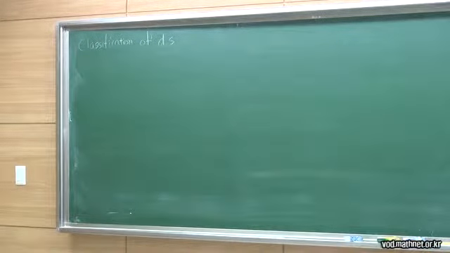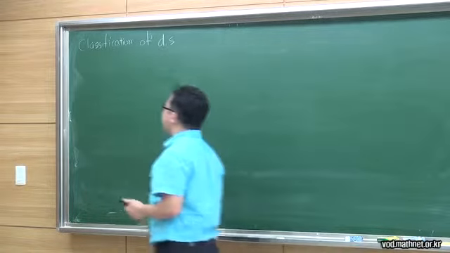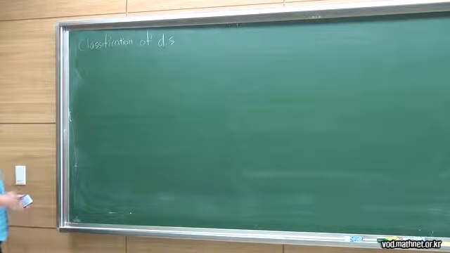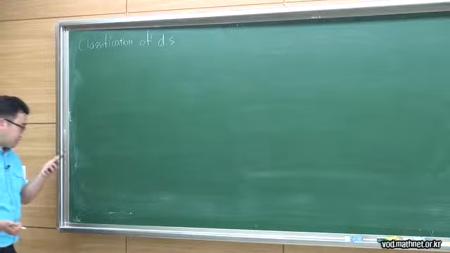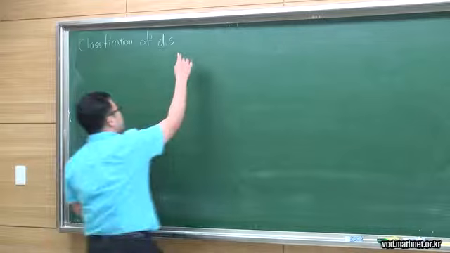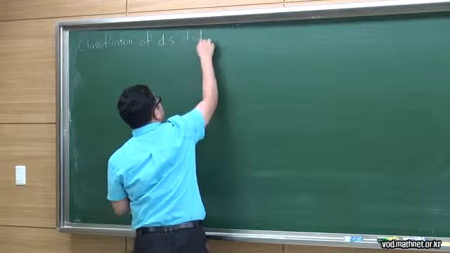There are many representations, but for example, for supercuspidal and discrete series, I'm going to use SC or DS, or for strongly positive discrete series, I'm going to use SPDS to save time. So going back to the title, I'm going to talk about the classification of DS, discrete series representations of all GSpin groups.